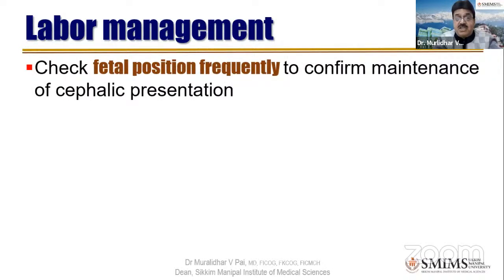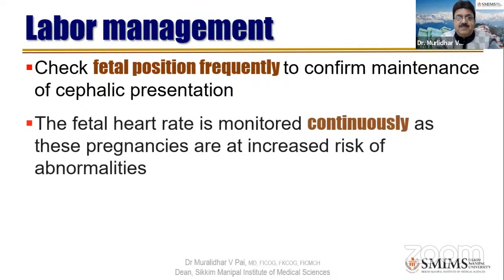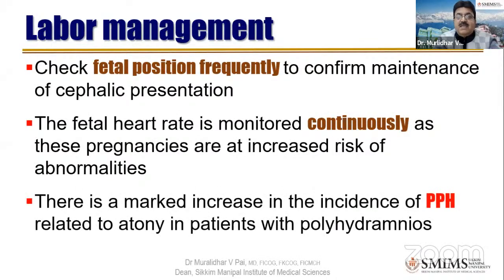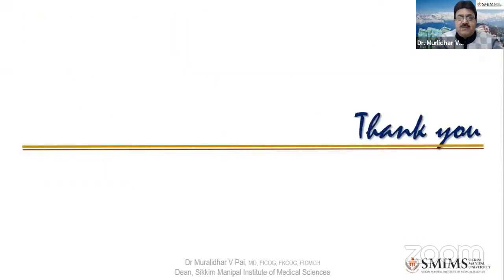Suddenly it can change, after you have ruptured the membranes, then you will be in real trouble. The fetal heart rate is monitored continuously as these pregnancies are at increased risk of abnormalities. There's marked increase in the incidence of PPH. As I told you earlier, it has to be kept in mind, and you have to always give prophylactic oxytocin or active management of third stage of labor.